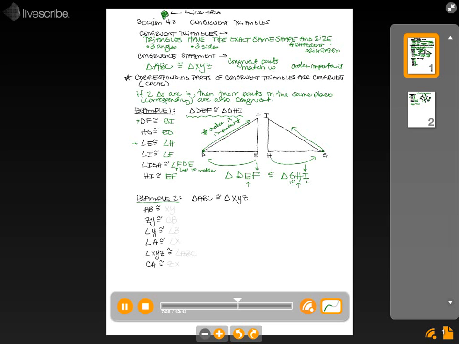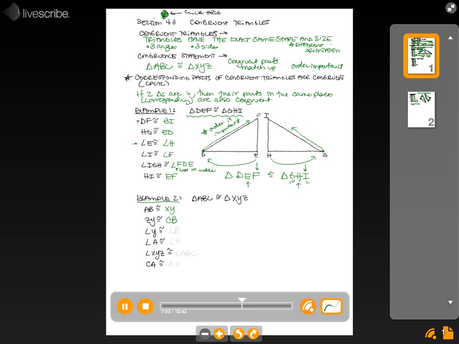AB is congruent to, well, let's go over our congruent statement first. We have triangle ABC is congruent to triangle XYZ. So AB, first letter, middle letter, first letter of the second, middle letter of the second, so it should be XY. The next one, ZY, that's the last letter and the middle letter of our second triangle, so we start with the last letter, middle letter.